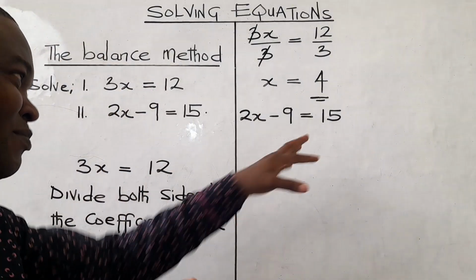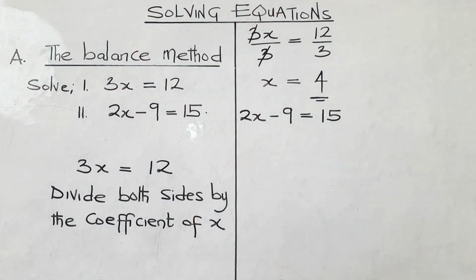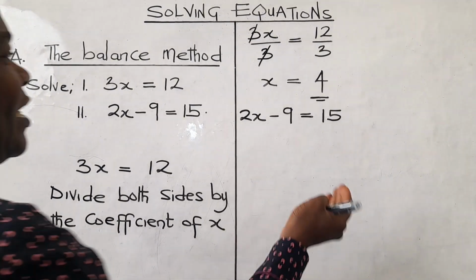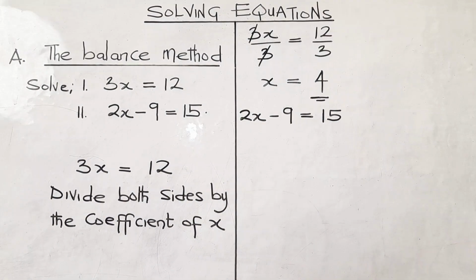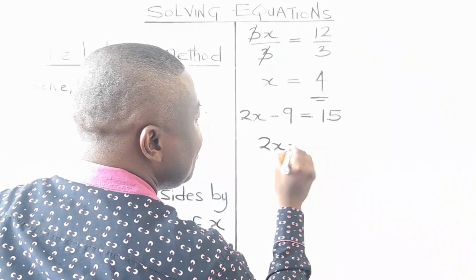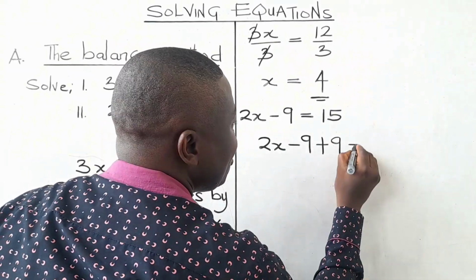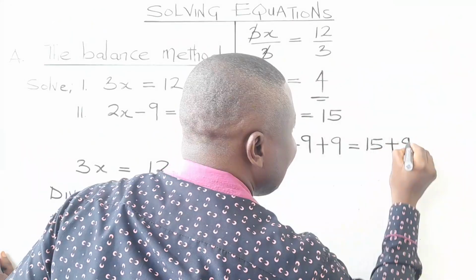So we use the additive inverse: we add 9 to both sides to remove the negative 9 that we have. So this is 2x minus 9 plus 9 equal to 15 plus 9.